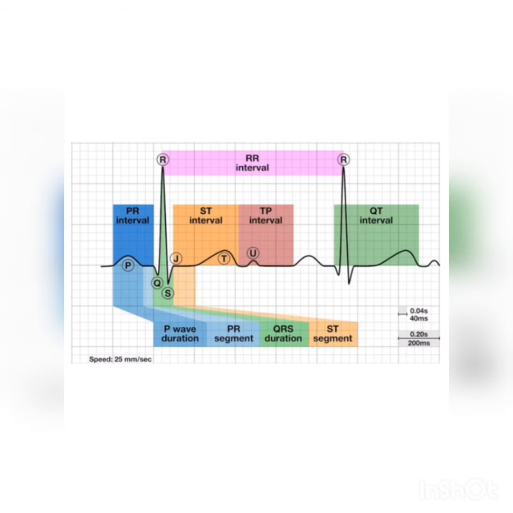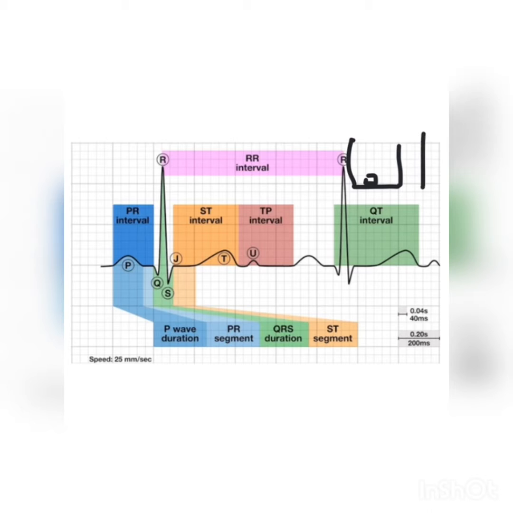Now to start, first I'm going to discuss the ECG paper. So this is the standard ECG paper. It has got small boxes, it has got large boxes. Now this small box actually signifies a duration and an amplitude.